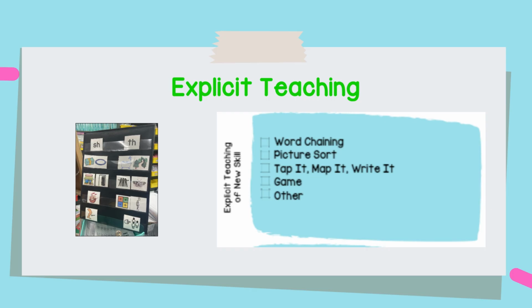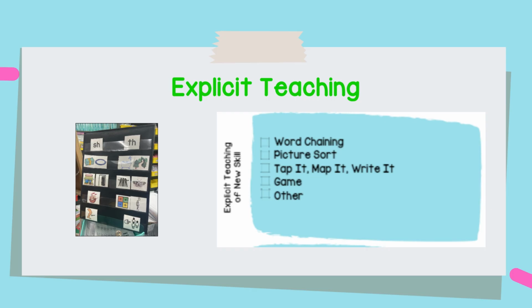Each resource gives you those already made word chains, so you don't have to create them. You could have the kids use the word chain template I have with that resource, or you can just have them use magnetic letters or a whiteboard.